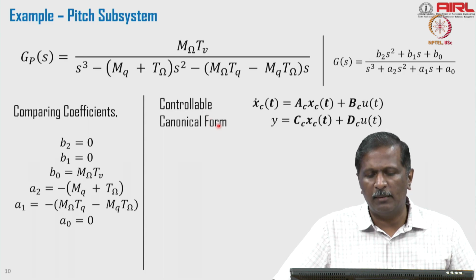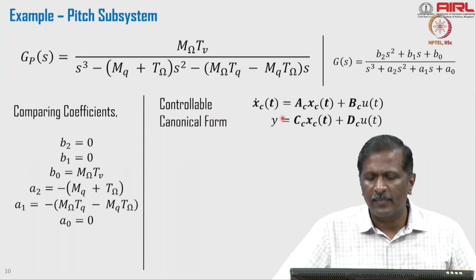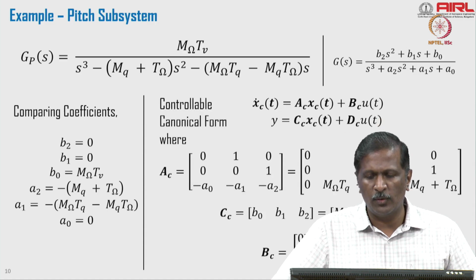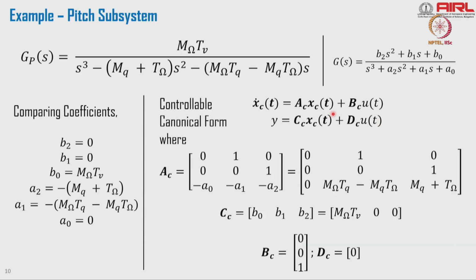Now I want to write them in the controller canonical form. If I write them in controller canonical form, the states of the system will be different. Xc dot of t is AC Xc of t plus BC U of t, and y equals CC Xc of t plus DC U of t. We saw how to write them in controller canonical form.